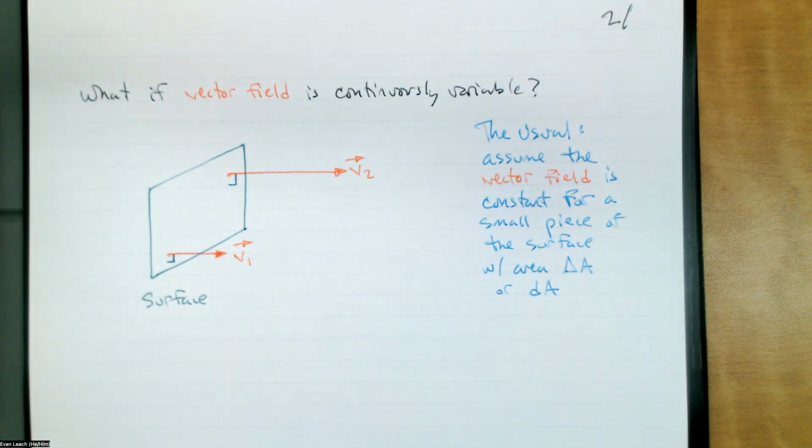We're going to use a small piece of the surface, delta A, which becomes dA when I make it infinitely small. Then we do the same thing we always do. We take that small piece, make it infinitely small, and just add up more rectangles.